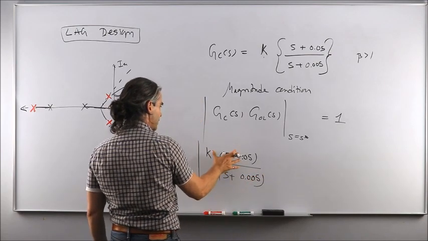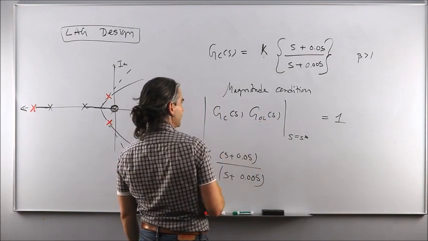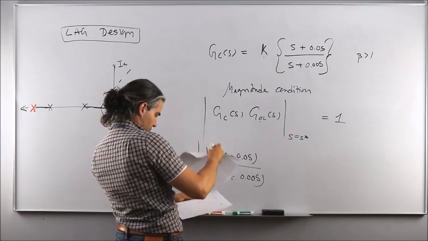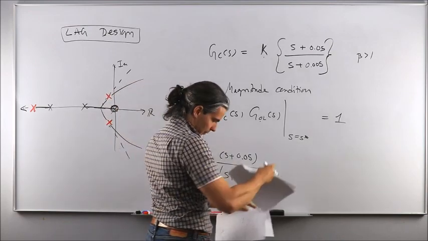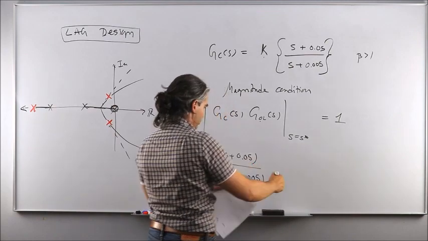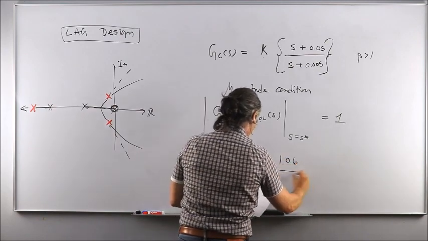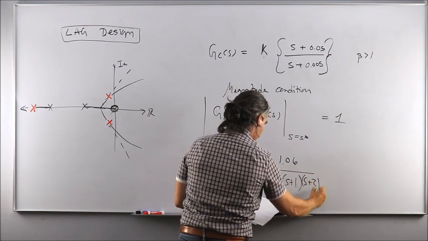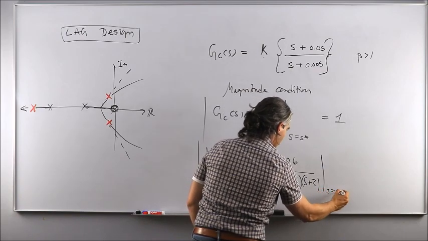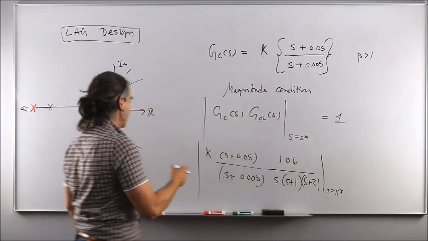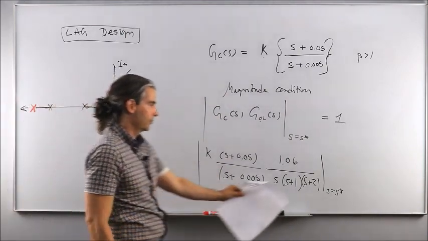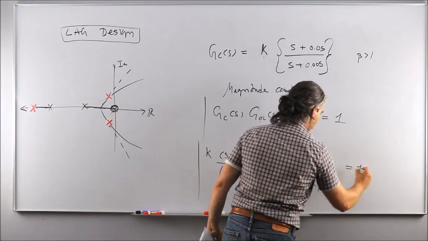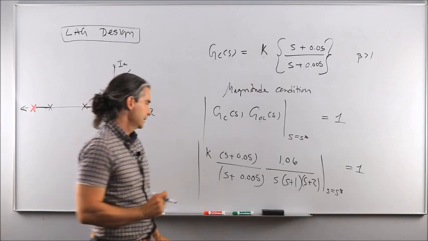This is my compensator transfer function that multiplies the original open loop transfer function, which was, go back here, which was my 1.06 over s, that multiplies (s plus 1) and (s plus 2). Boom. Where or what is the reference for you to calculate the magnitude of everything? Well, that point of reference is s star. And of course, all this needs to be equal to 1 to satisfy the magnitude condition.